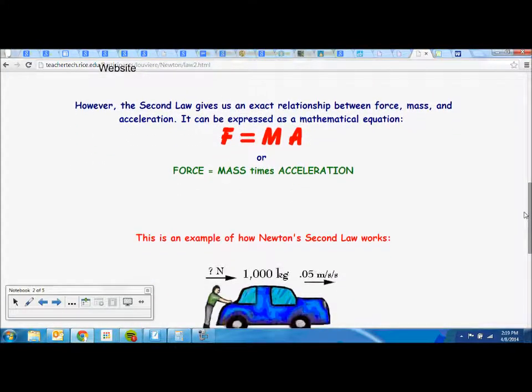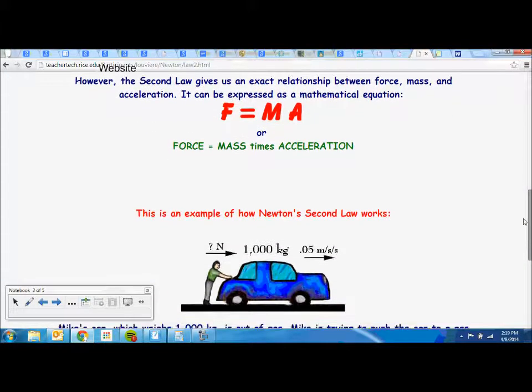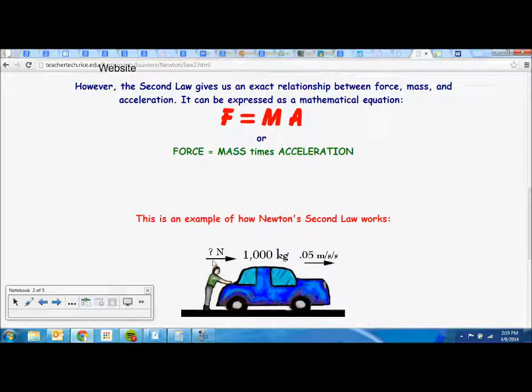So to practice, here's an example of the second law. How much force does this guy need to push the car? The car weighs, or has a mass of, 1,000 kilograms, and he's going to cause it to accelerate at a rate of 0.05 meters per second, or we just say meters per second squared.